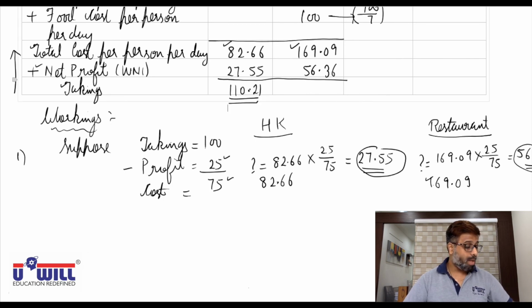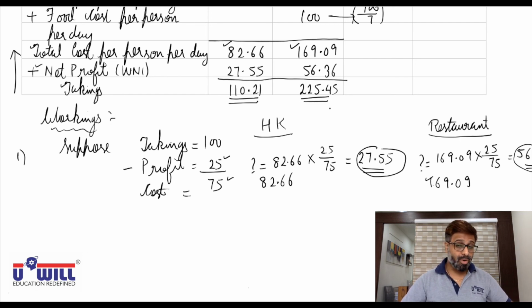And 169.09 plus 56.36, so we must charge 225.45 for food to earn this profit of 25%.